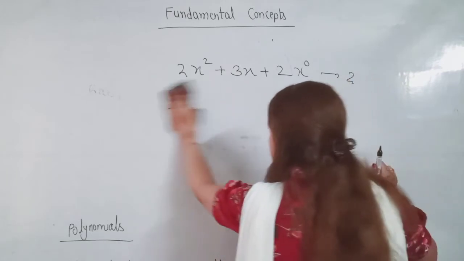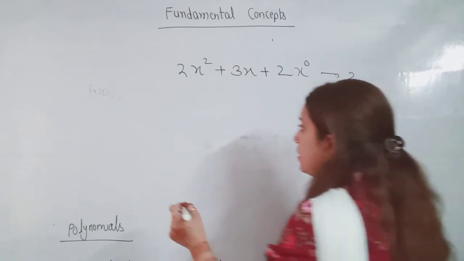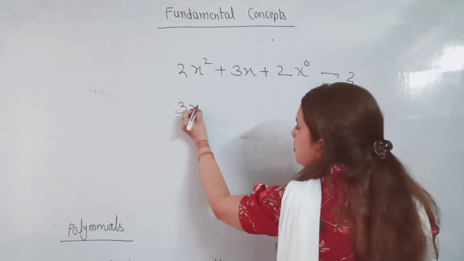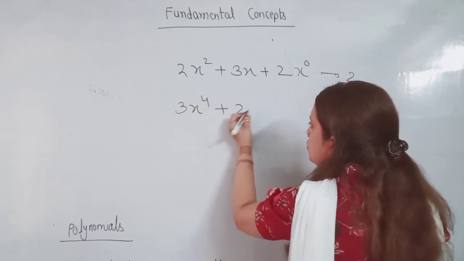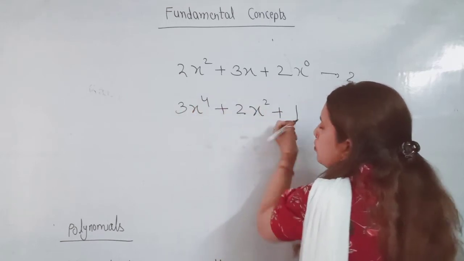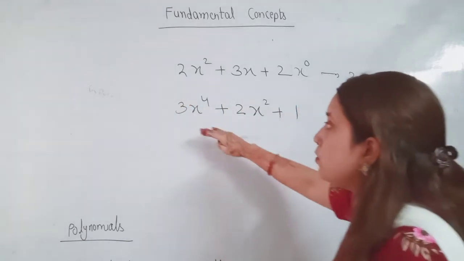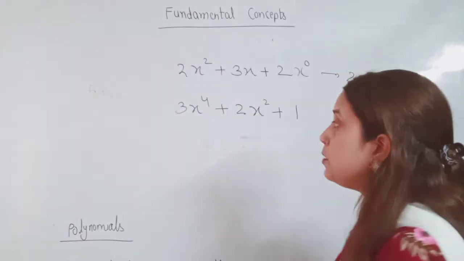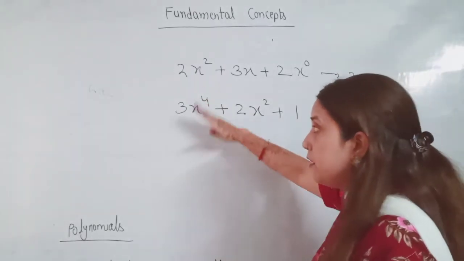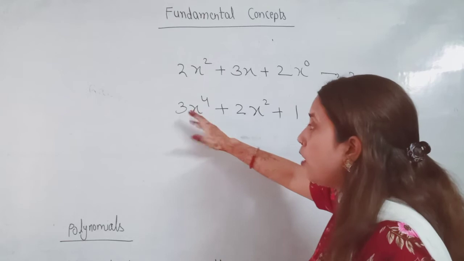Now let's take another example: 3x raised to the power 4 plus 2x square plus 1. What is the degree of this polynomial? First we check whether the given expression is a polynomial. So how to check?